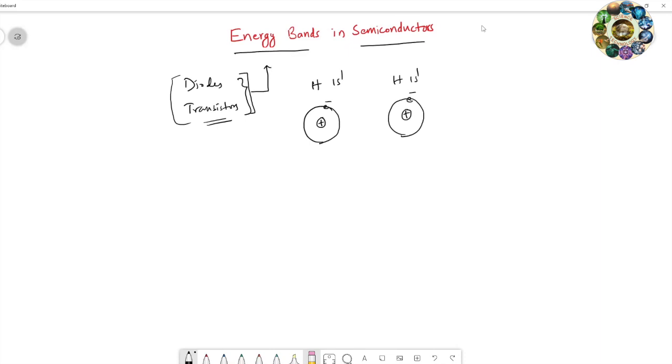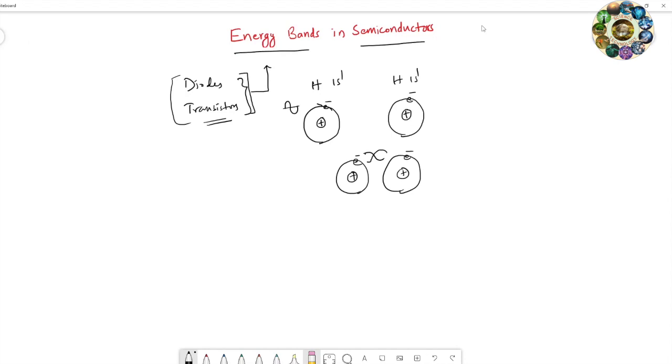The electron is a subatomic particle, and it behaves like a wave. So when these two atoms are brought together to form an interacting system, these electrons try to interact with each other. Their wave functions overlap.